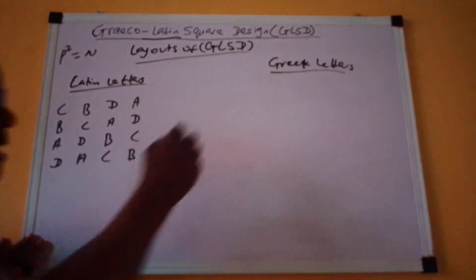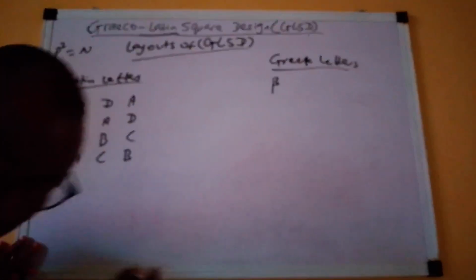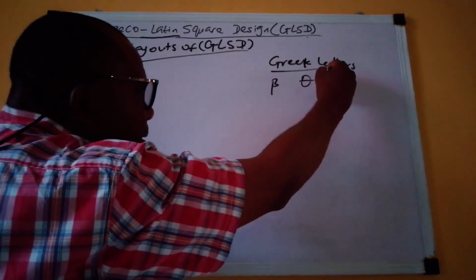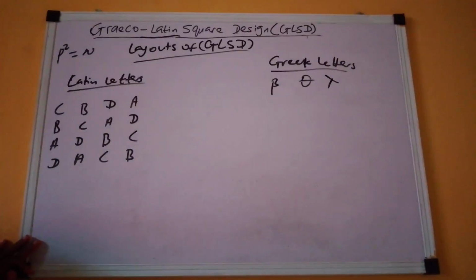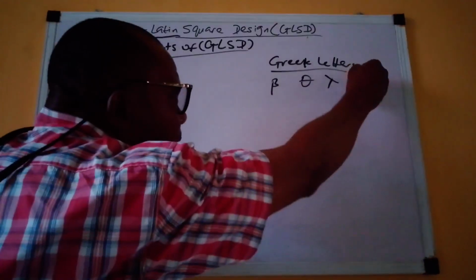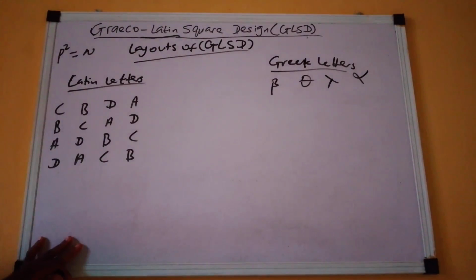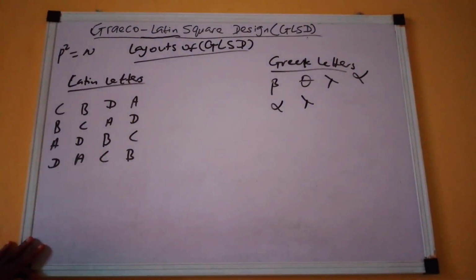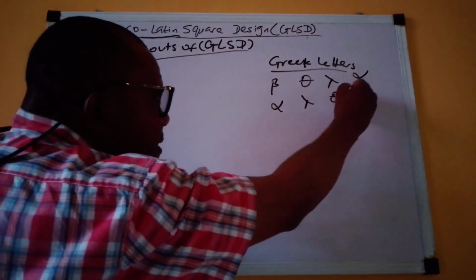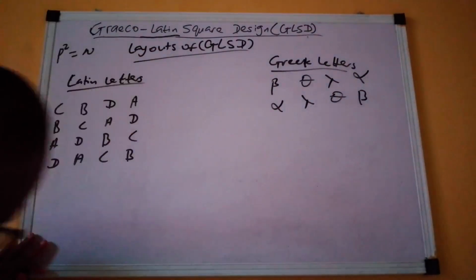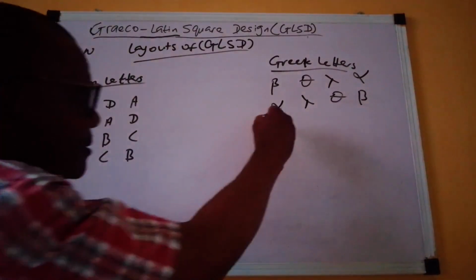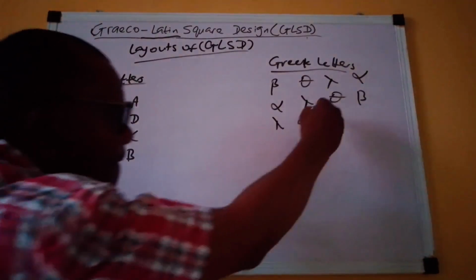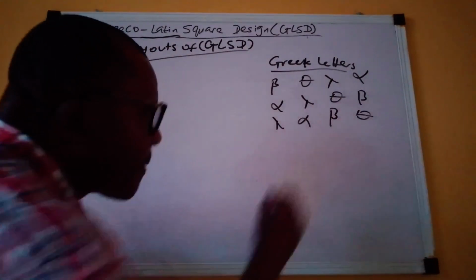For the Greek letters, we have beta, theta, lambda, and alpha. Then we have another set, alpha, lambda, theta, and beta. Then we have lambda, alpha, beta, and theta.